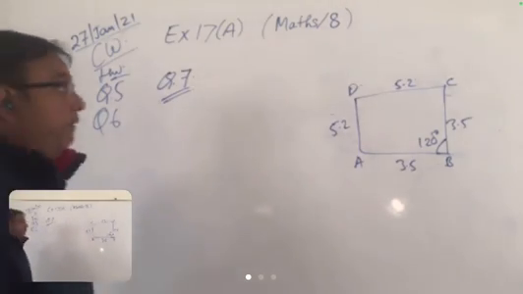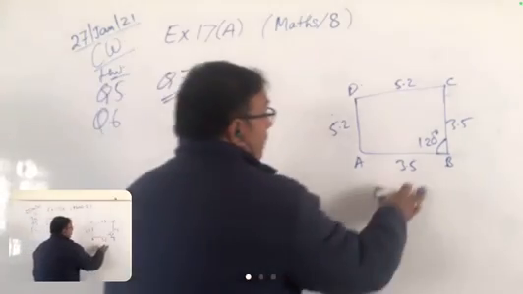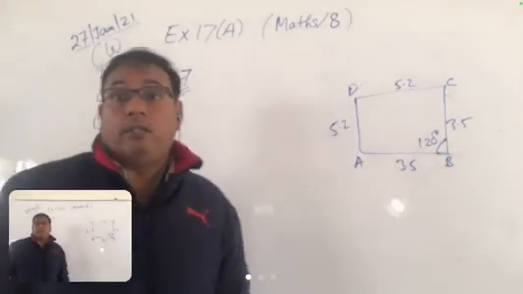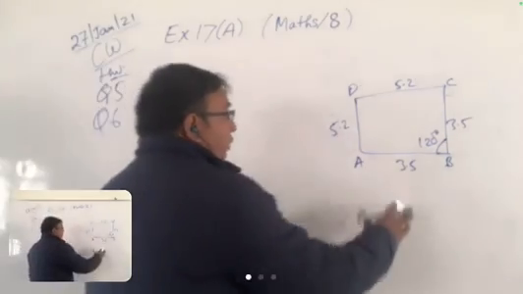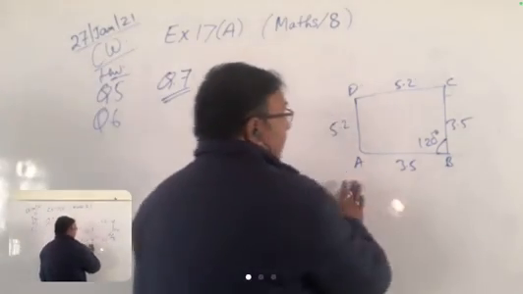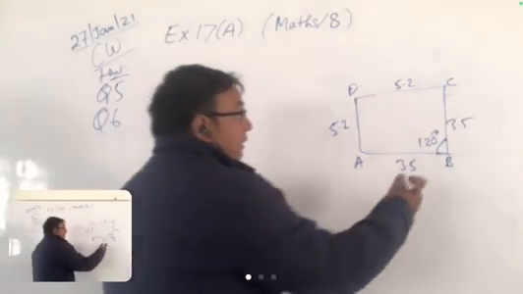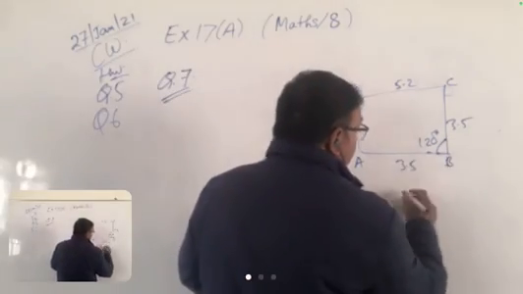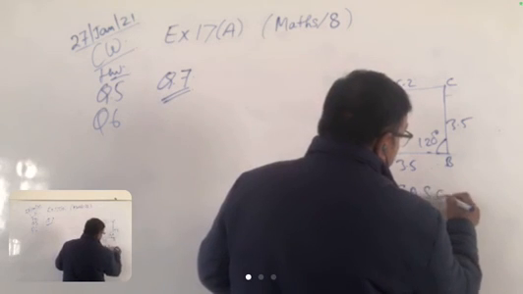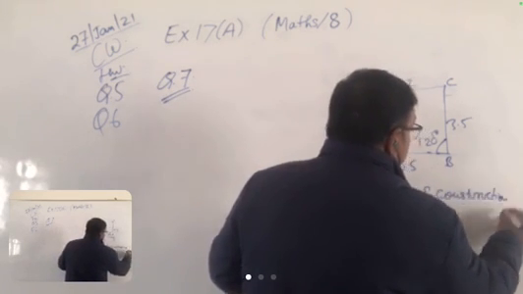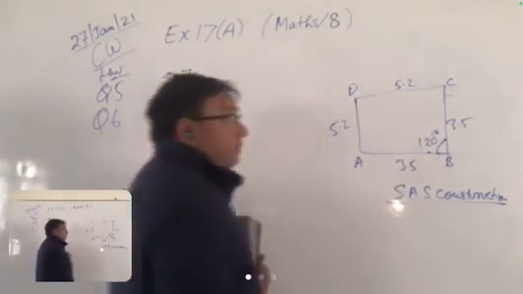Okay, now everyone see, this is the rough figure for this. Here, now the diagonal is not there. You have to draw without diagonal, and every time you can see this construction. Now this is the angle, so this construction is called SAS construction. Clear?